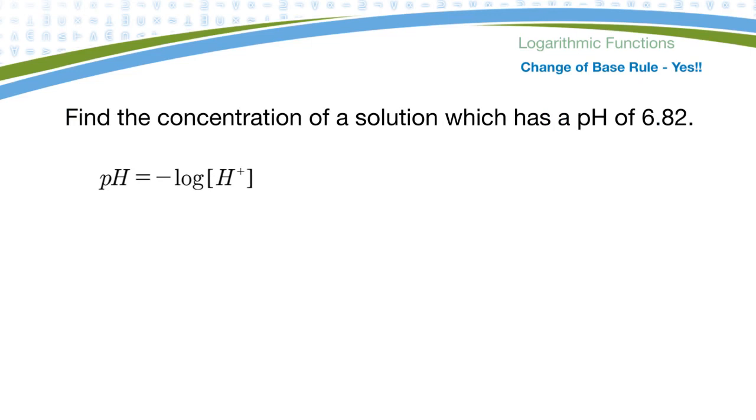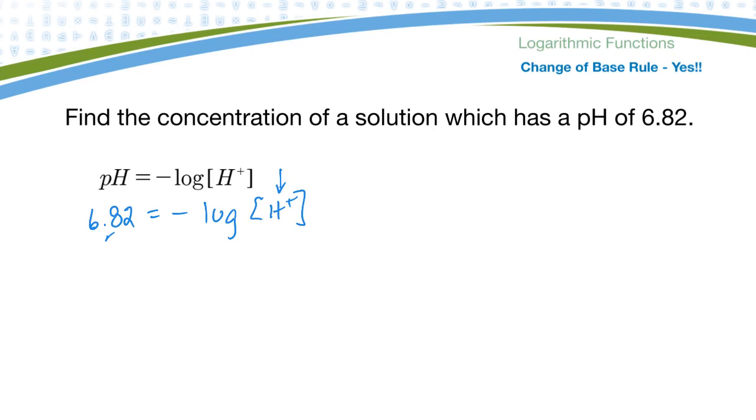Now here's another question where you've got to figure out, this time, the concentration of a solution that has a pH of 6.82. So if I plug the number in here, 6.82 is equal to negative log of hydrogen ion concentration. This time I'm trying to solve for this, and I know what the pH is. This is one where it really comes in handy, and we're just bordering on getting into solving equations.